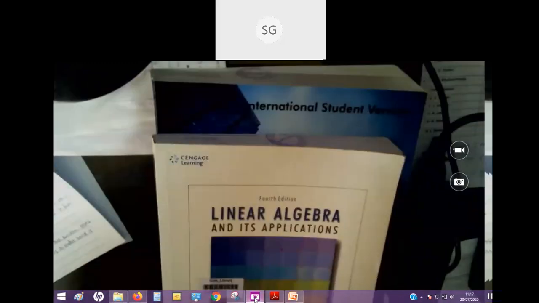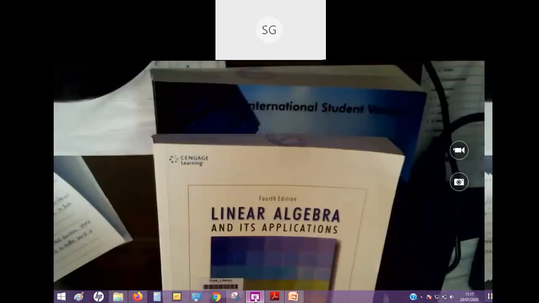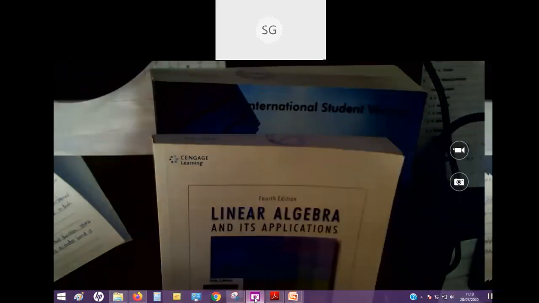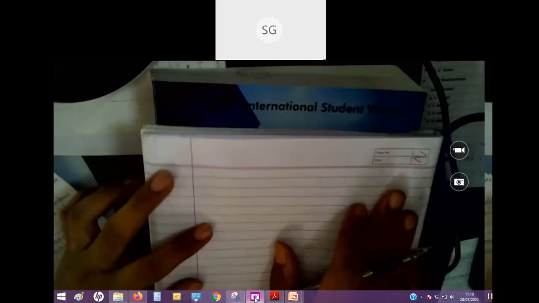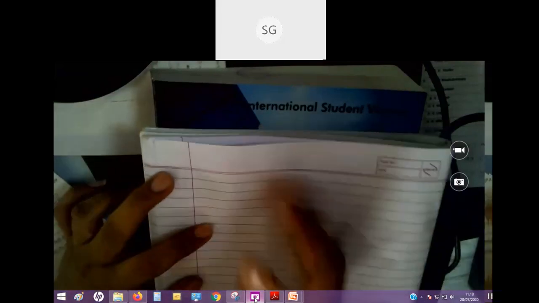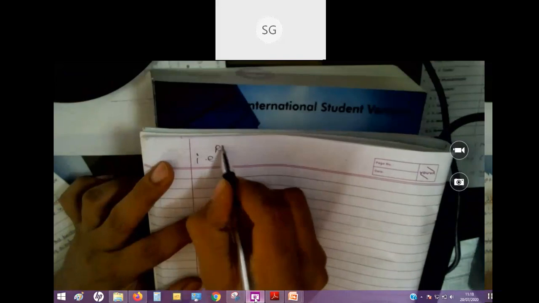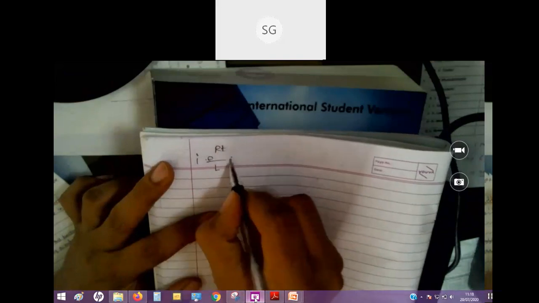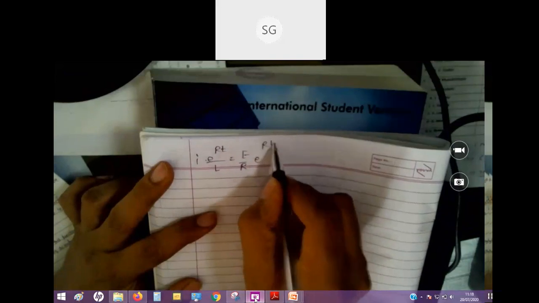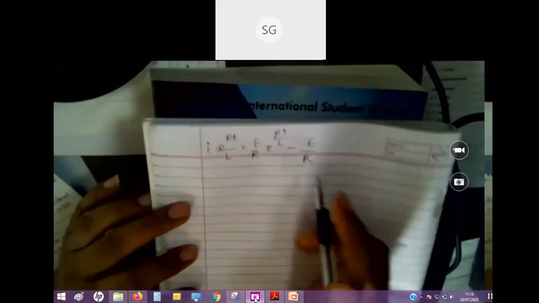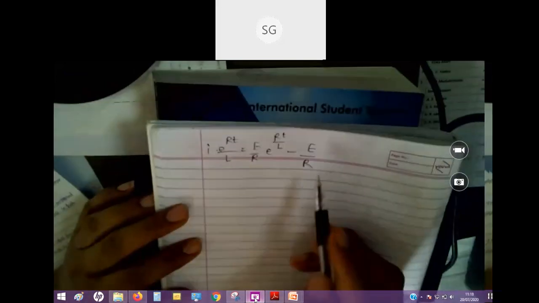After putting it, we get I into e raised to rt upon l equal to e by r, e raised to rt upon l minus e upon r. So a's value I have put as minus e upon r, that is the only change.